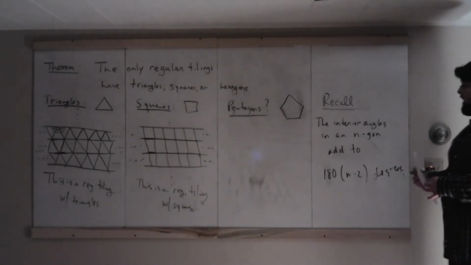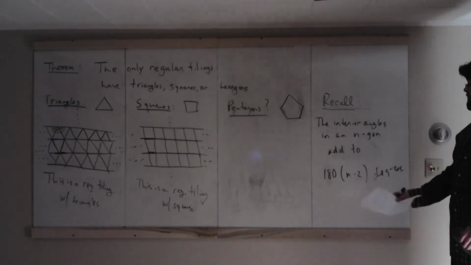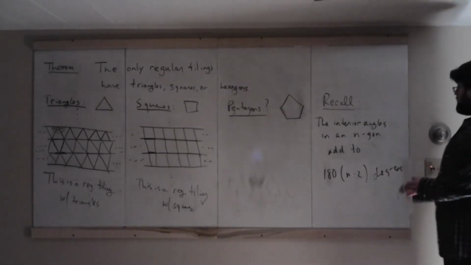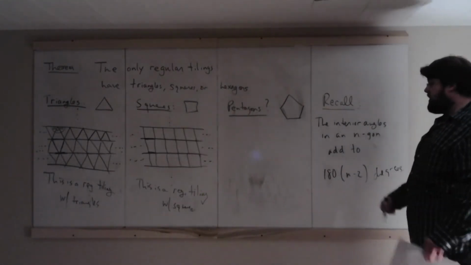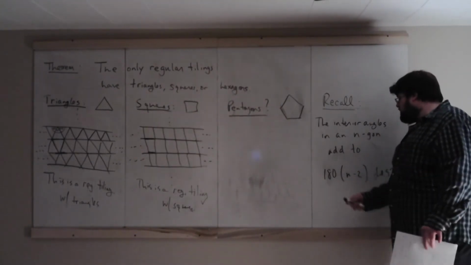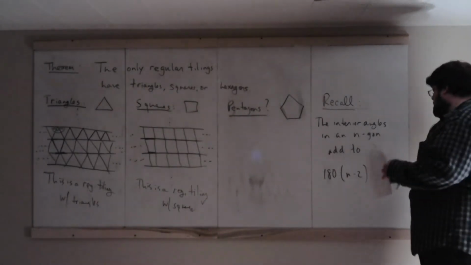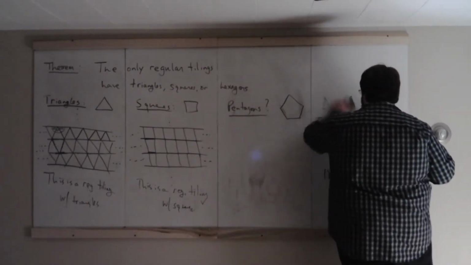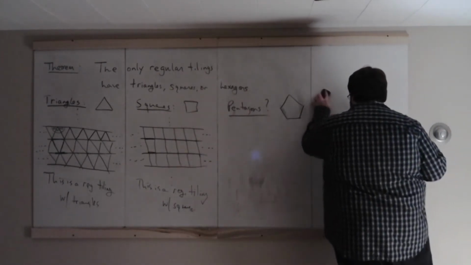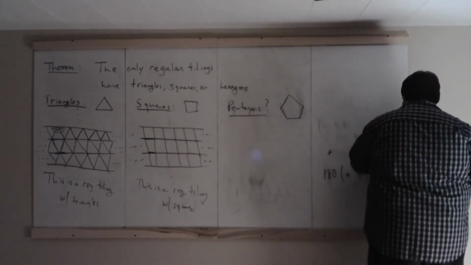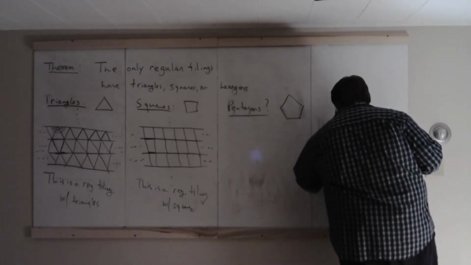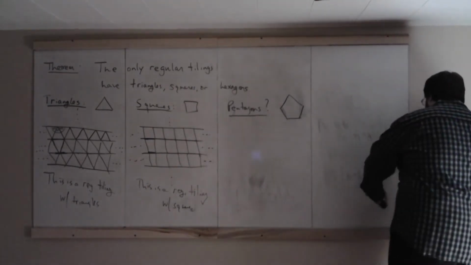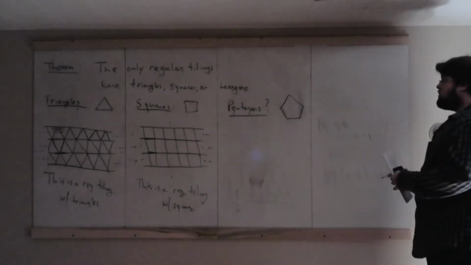So if you have a shape with 20 sides, the total number of degrees inside the shape is 180 times 18, which is whatever it is, 3240 or 2340, 3240, I think, because 18 squared is 324. So there's our first recall.